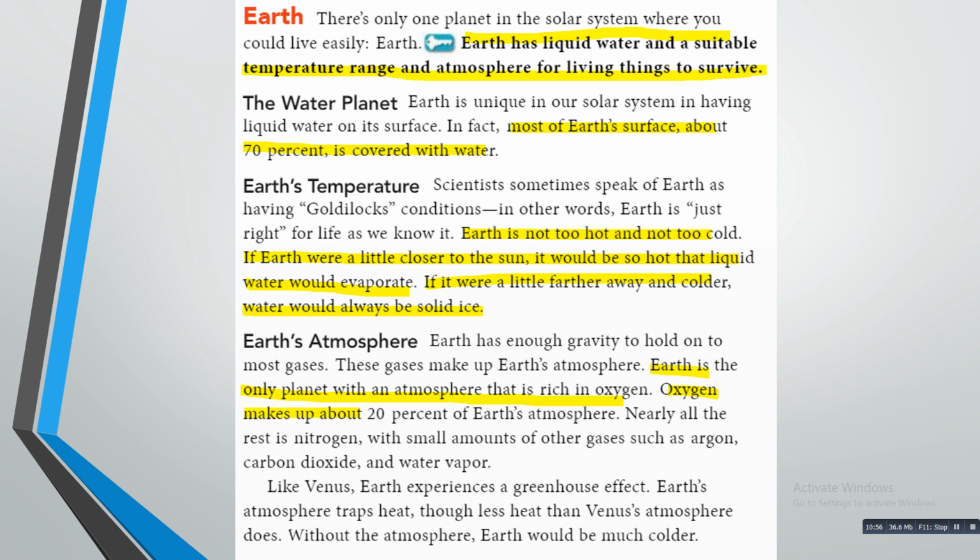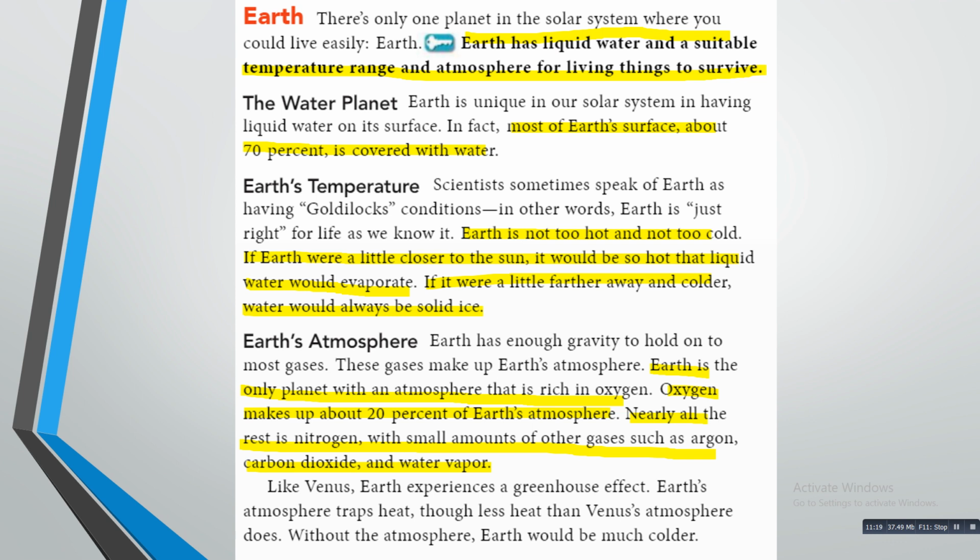Oxygen makes up about 20% of Earth's atmosphere, which we already know, and the rest is nitrogen, with small amounts of other gases such as argon, carbon dioxide, and water vapor.